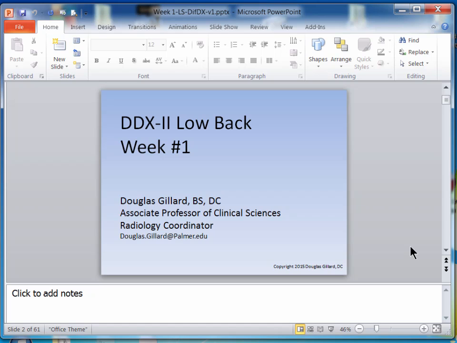Remember the nine typical causes of low back pain. Make sure you know those because there's probably going to be a question on that. Definitely know the ligaments of the spine, the anterior and posterior longitudinal ligaments. Remember, the posterior longitudinal ligament actually helps make up and give a little extra reinforcement to the back of the disc.